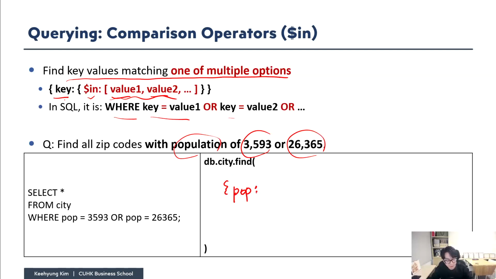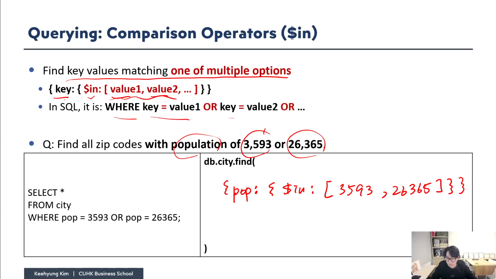In this case, it should be either this or this, so we use the in operator. And then we list the options here as elements, first element, second element in a list like this, and close bracket.